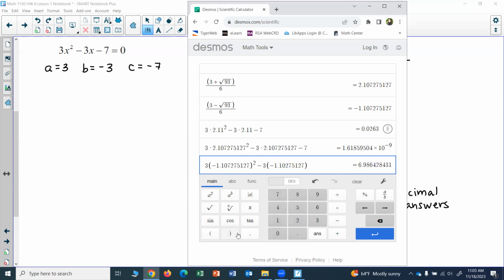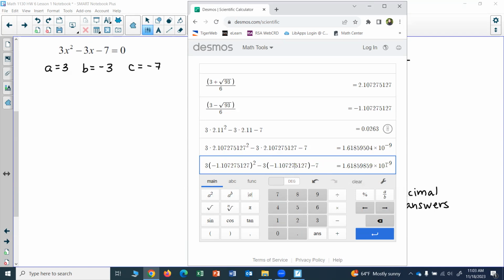Close the parentheses, and then minus 7. And we've got a number very close to 0. I may have typed something in incorrectly here. I did on my second one. This should be 1.107275127, and there it comes out a little better. So this number is very, very, very close to 0 because of the times 10 to the negative 9.